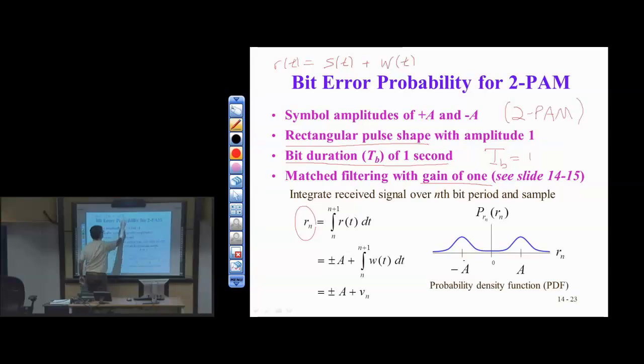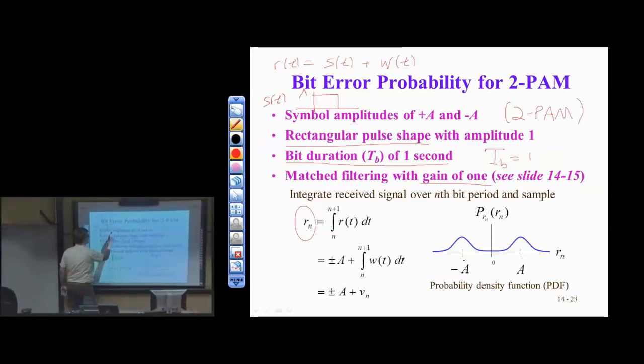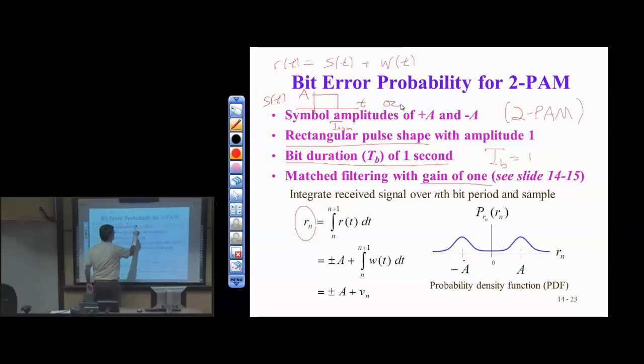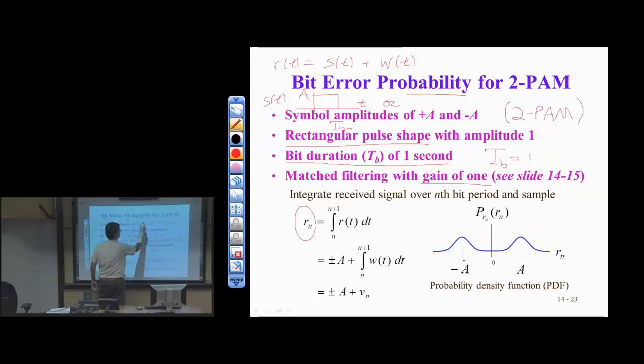That's what we receive. The only impairment is additive noise that's spectrally flat. And s(t) is either going to be a rectangular pulse scaled by capital A, or it's going to be a rectangular pulse scaled by minus capital A.